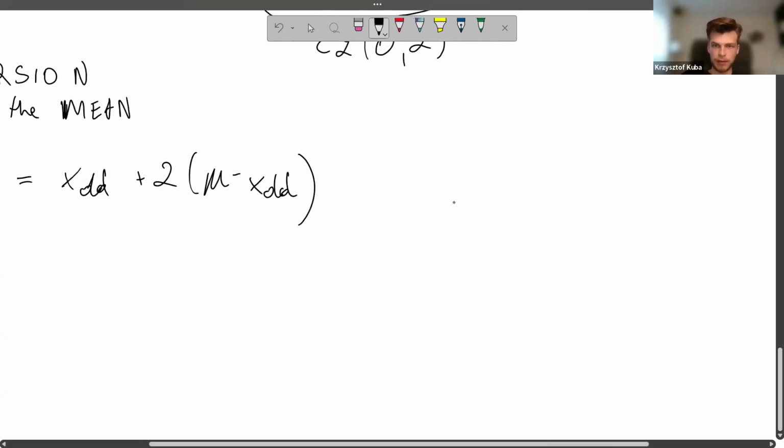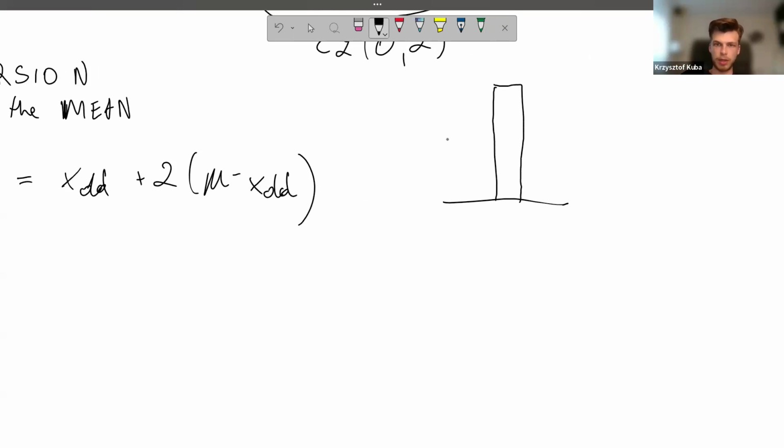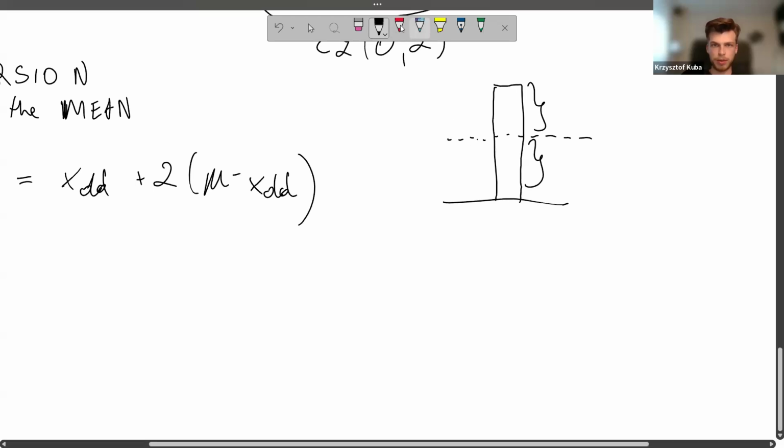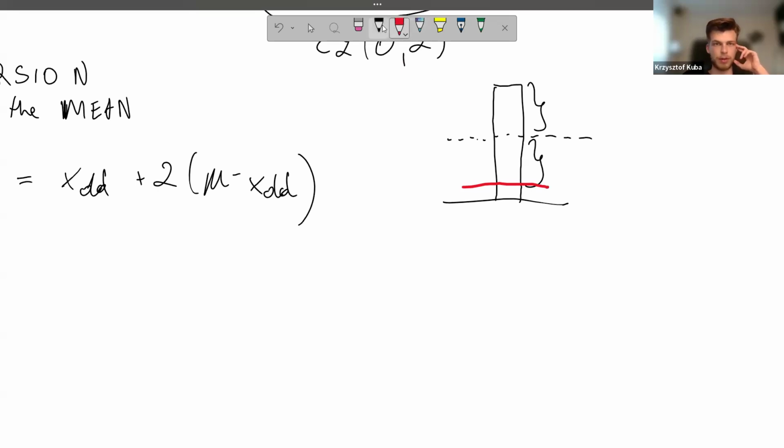So if we have our bar that is positioned here, and we have some mean value, then the height of this should be reduced to the later bar, right? This is the value of x old, and this is our value of mu.